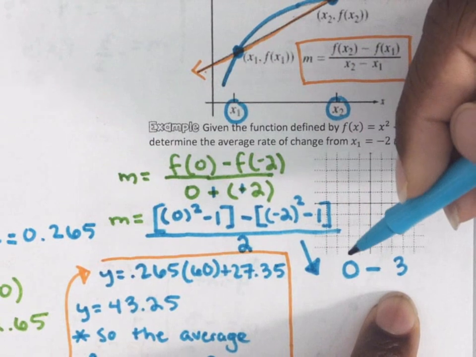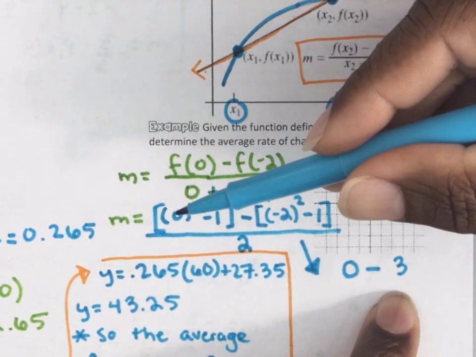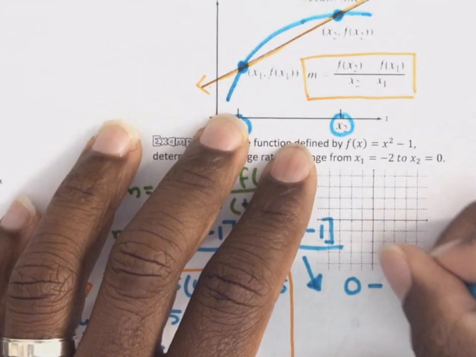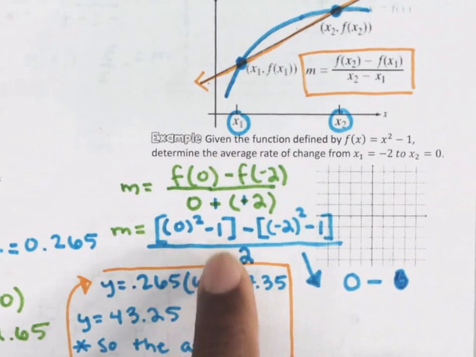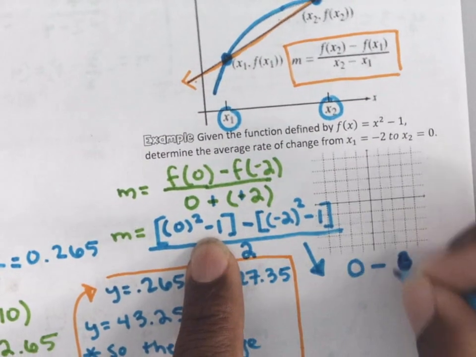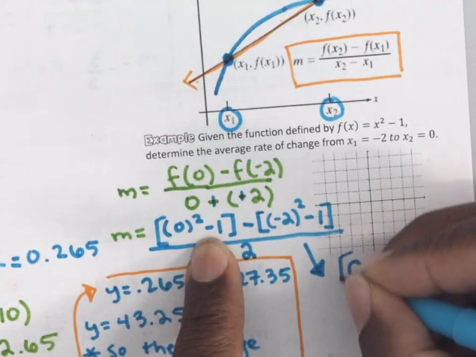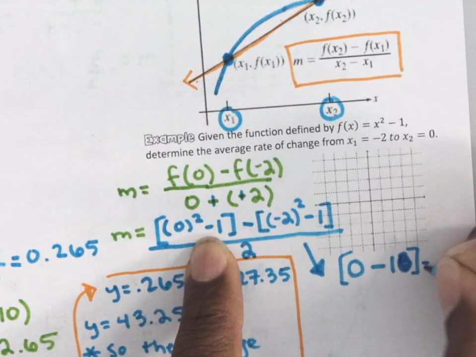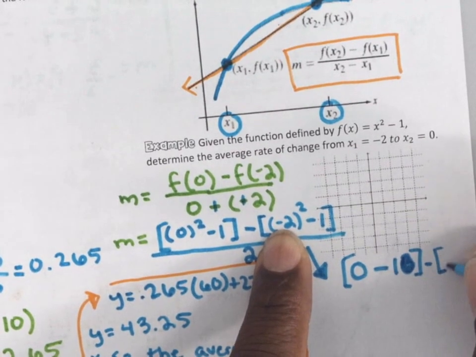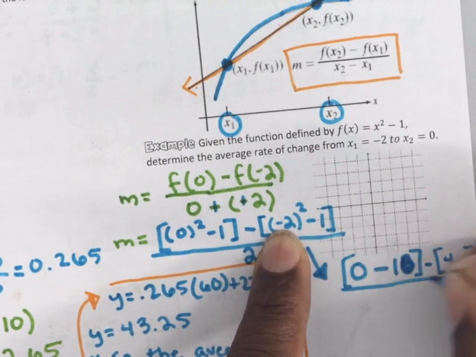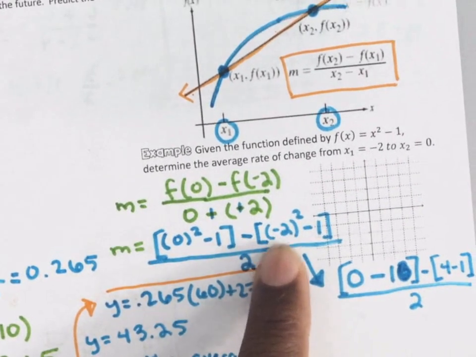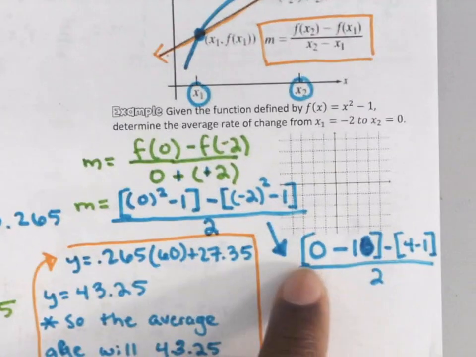Not 0, it should be -1, right? Let me just write it out. Getting ahead of myself. So we got 0 minus 1. And then over here we got 4 minus 1. Okay, everybody okay?